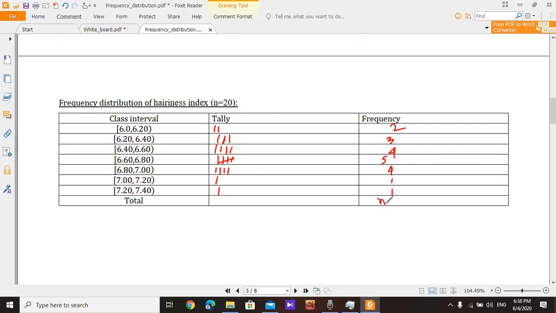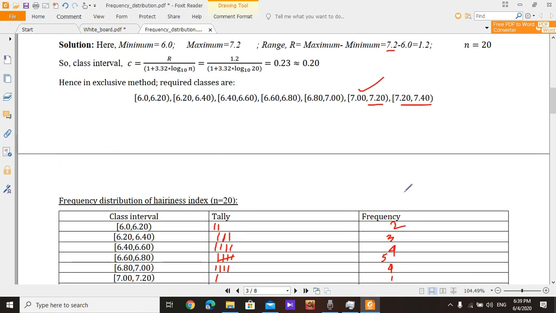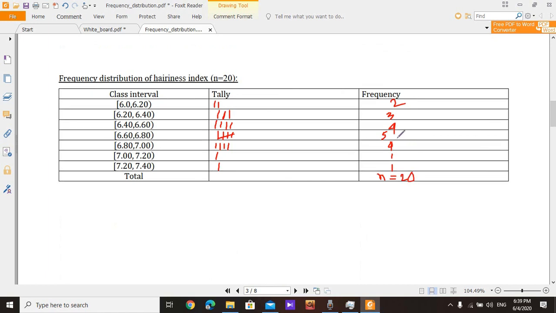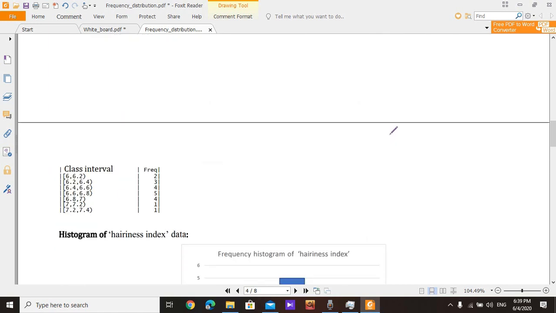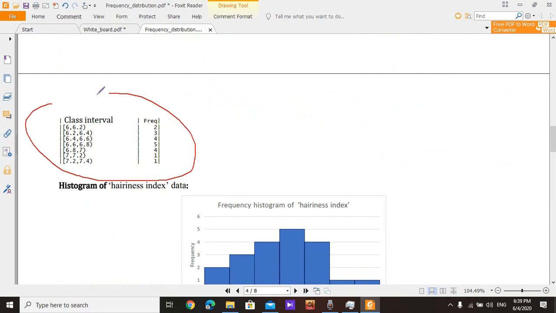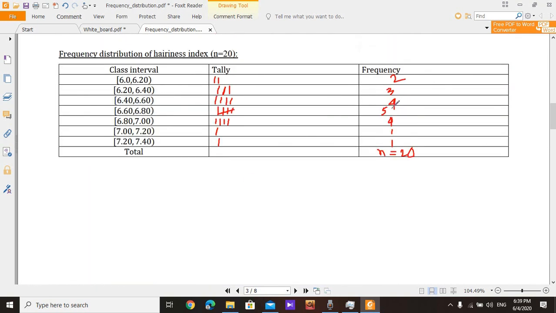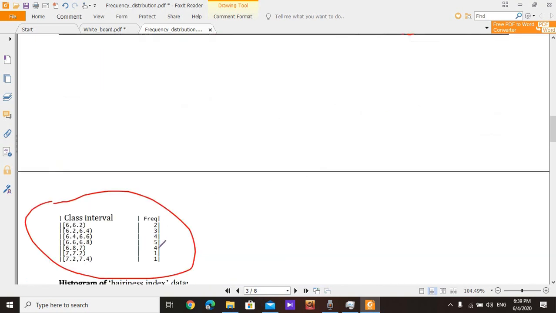So we have a total n equal to 20. Okay, so this is the formation of a frequency distribution from grouped data. Here is the answer. We can see that our result is similar to this result: 2, 3, 4, 5, 4, 1, 1.